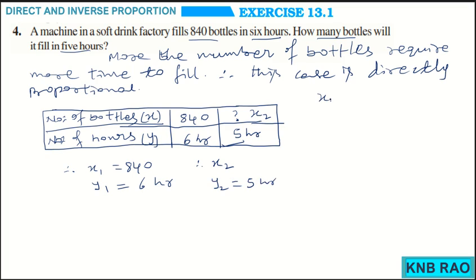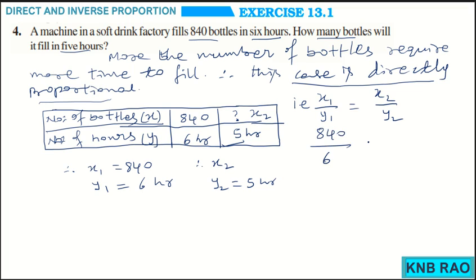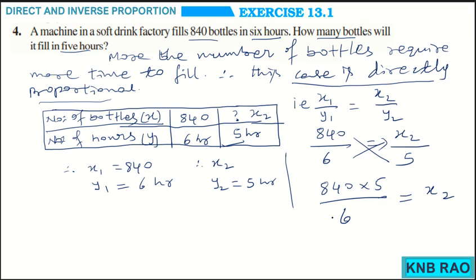Since the case is directly proportional, we have the formula x1 by y1 equals x2 by y2. By substituting these values, 840 by 6 equals x2 by 5. On cross multiplication, 840 into 5 by 6 will give you x2.